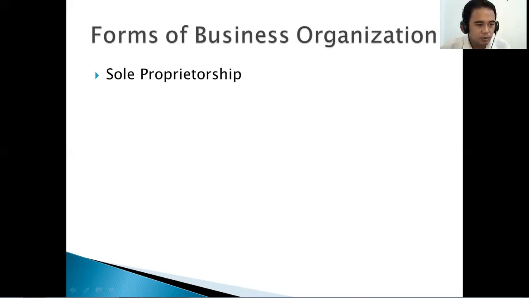And in your module, according to your module, it describes how businesses are structured and how their structure helps them to meet their goals. So even if only one is managing the business, they can still achieve their goals. There are many businesses where sole proprietorship is emerging.